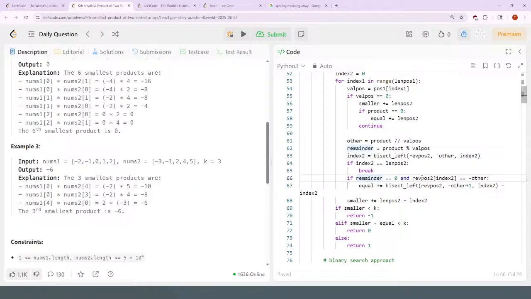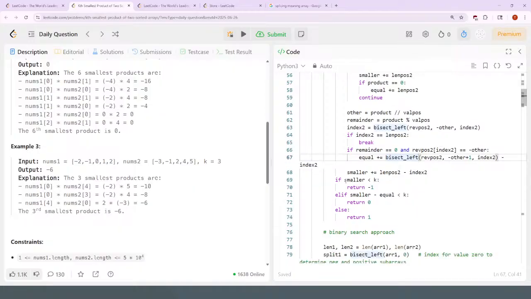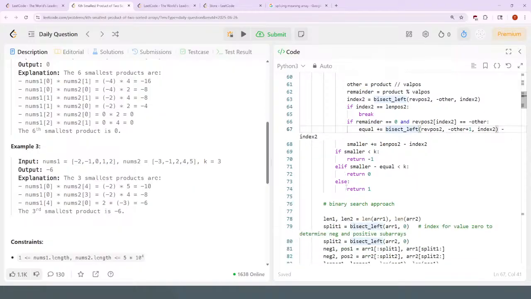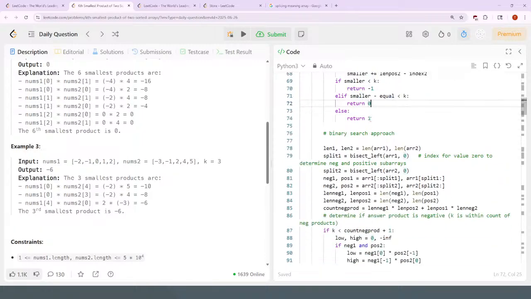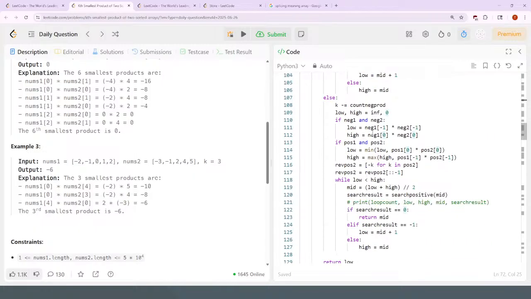If the remainder is 0 and it matches perfectly, then increase the equal count. Same logic for smaller, smaller being something that you guess something smaller for, and then equal being exact, and otherwise return 1 if you guess too big.